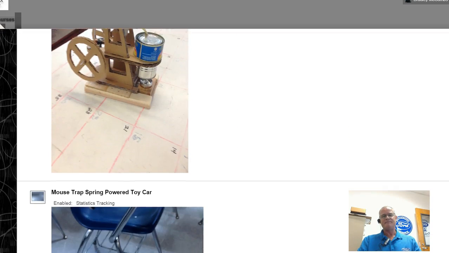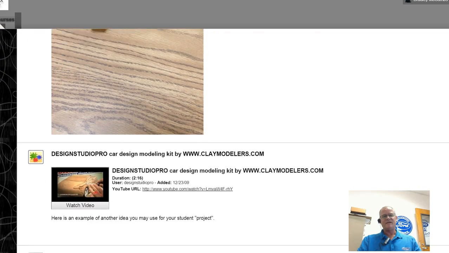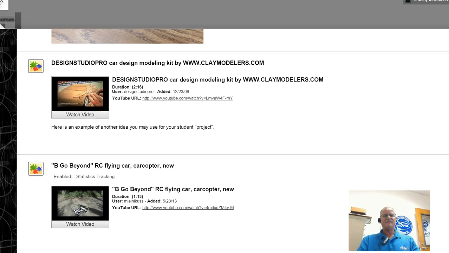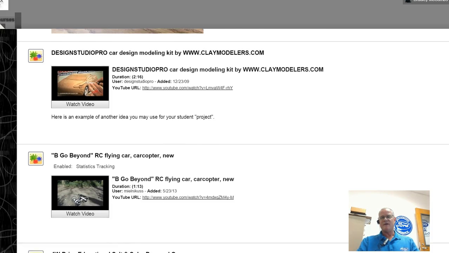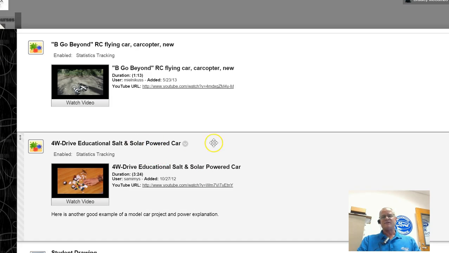And that's another one that would be revised. And then I show examples of what students can do. They can make cars out of clay, and then they can make a flying car or helicopter model, and also make something that's salt and solar powered.